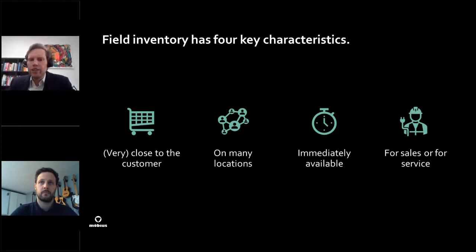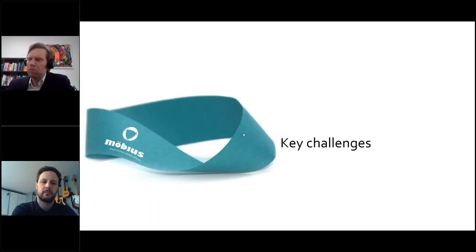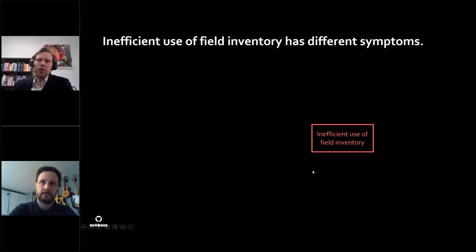In other occasions, be it repair or other operations that are done, the field inventory is there to allow technicians or specialists to do an operation in the field very quickly with the parts that they have immediately available. Everything we will talk about today is around inefficient use of field inventory.